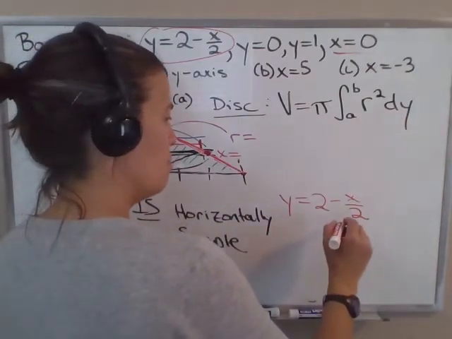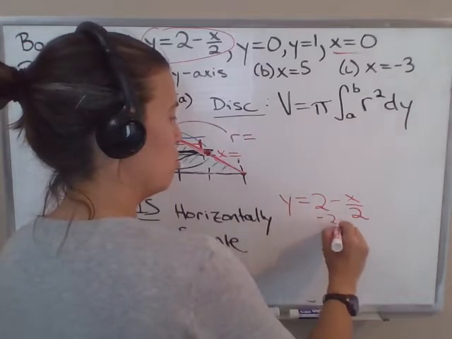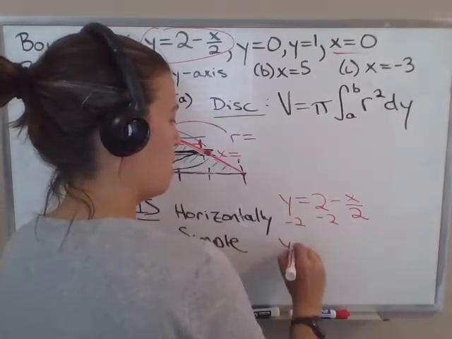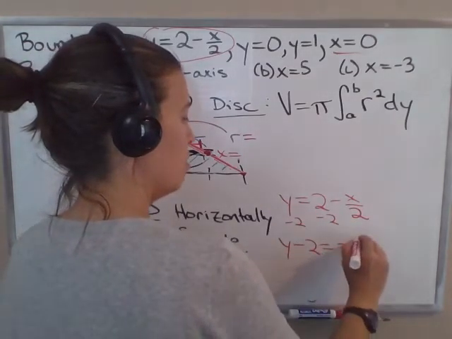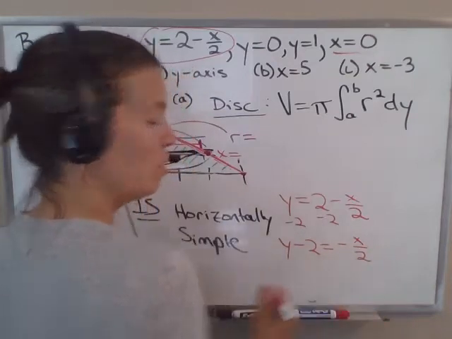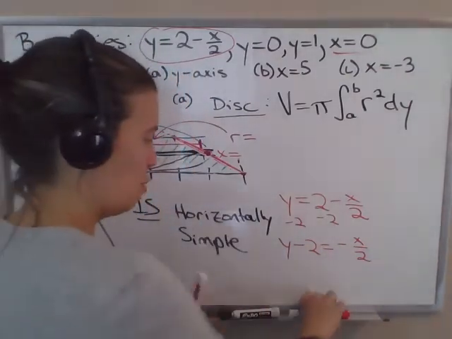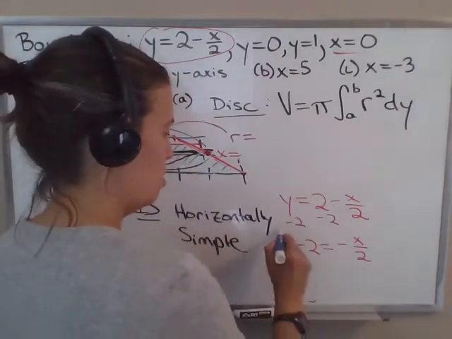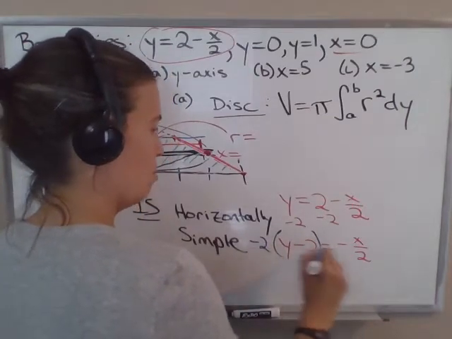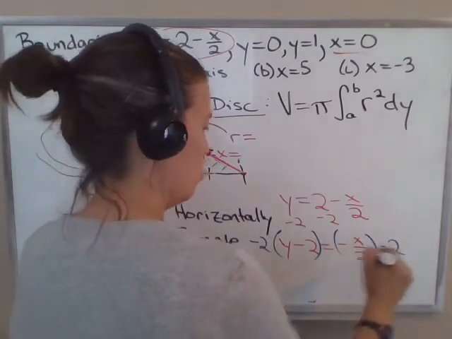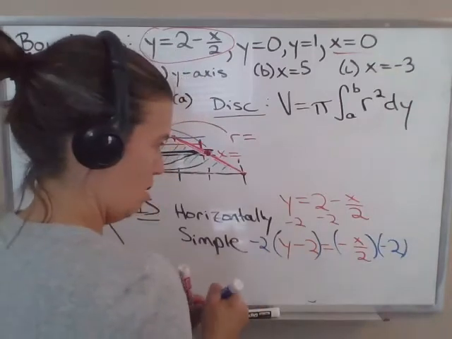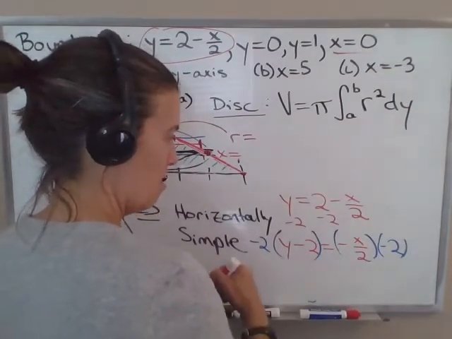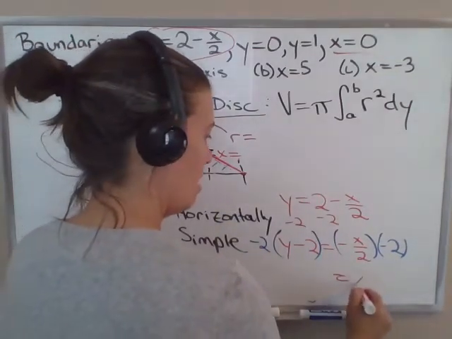So let's subtract 2 from both sides. So y minus 2 equals negative x over 2. And then multiply both sides by negative 2, which will give me just positive x on this side.